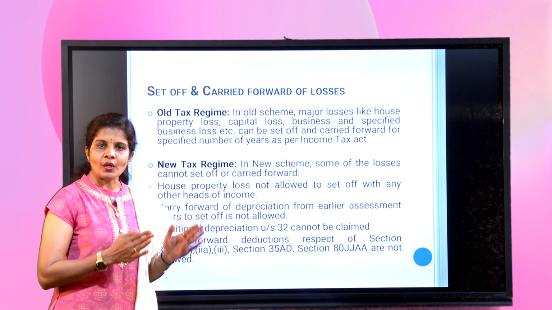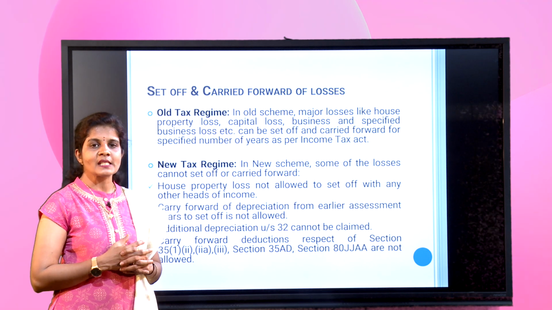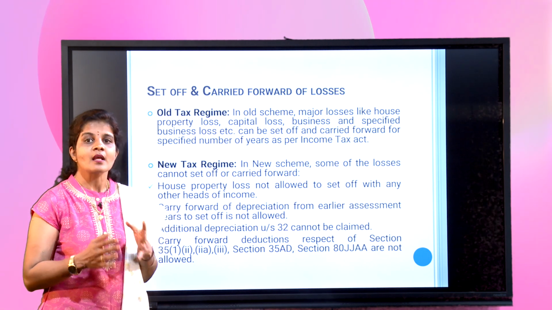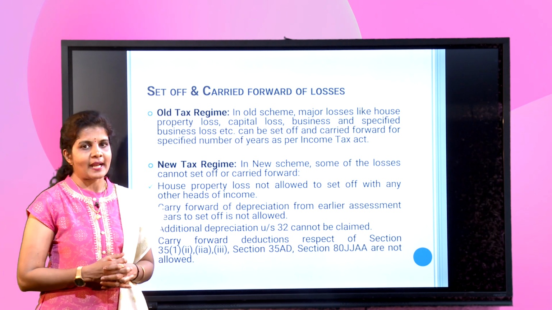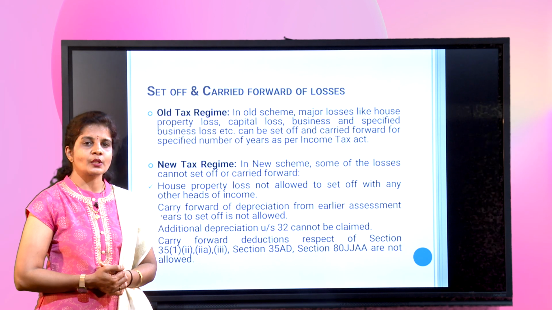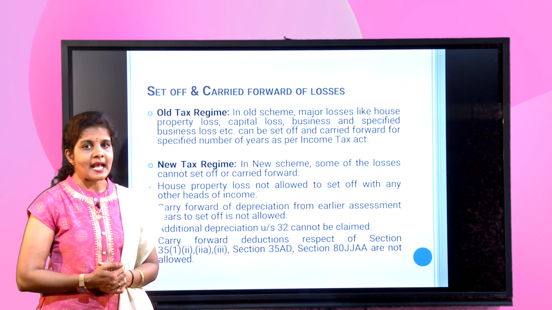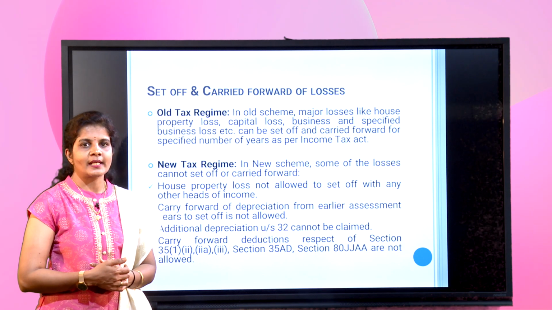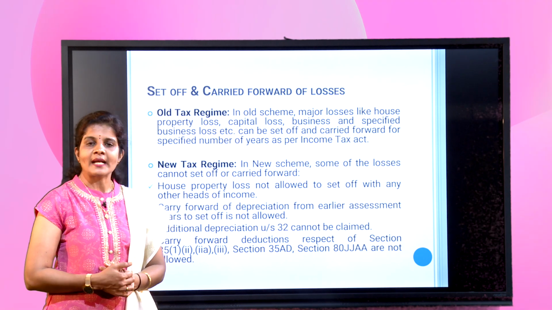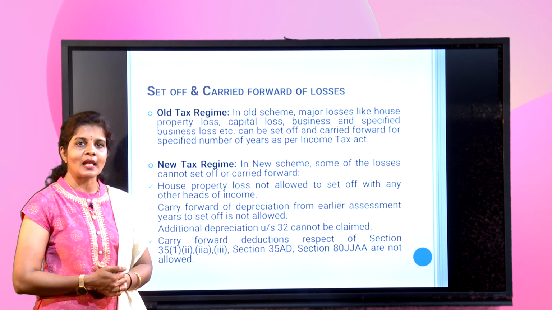So along with the normal depreciation, this additional depreciation for those businesses who purchase plant and machinery in the current year, that too a new purchase of plant and machinery, could be claimed by the business at the rate of 20% as an additional depreciation under section 32. Whereas under this new tax regime, this additional depreciation is also not allowable.